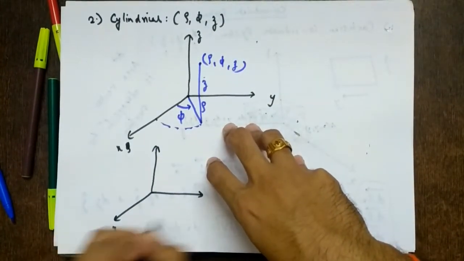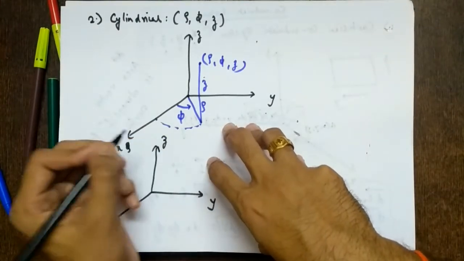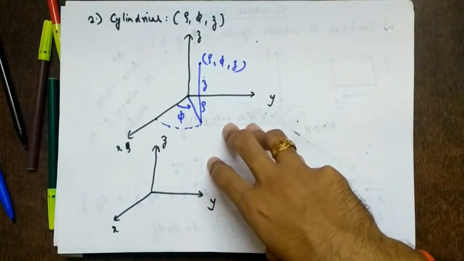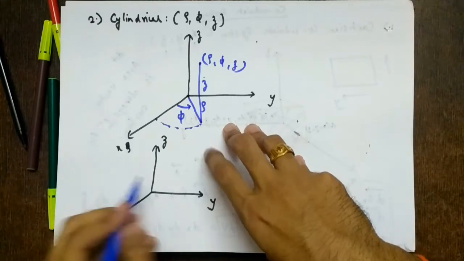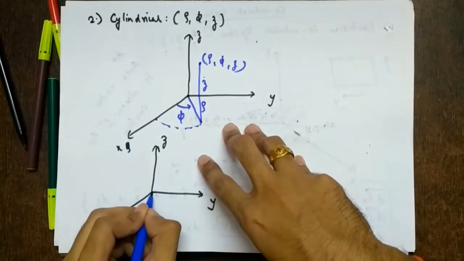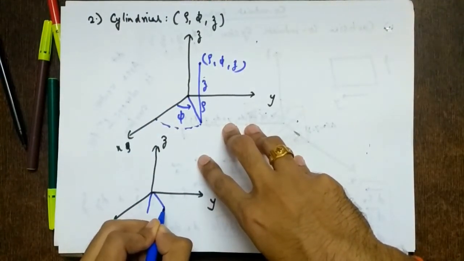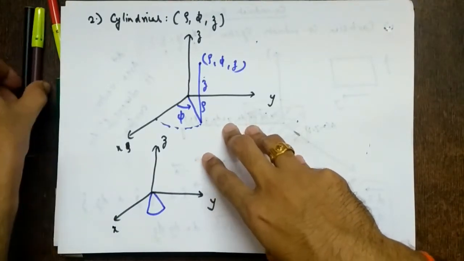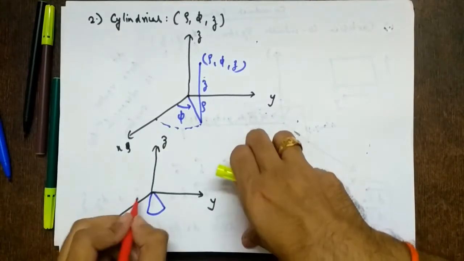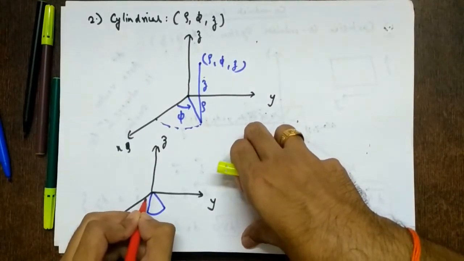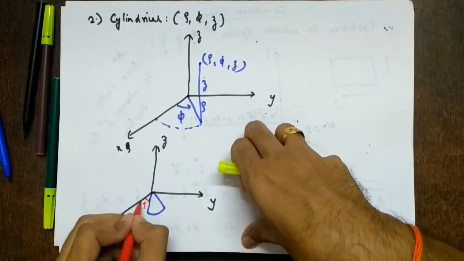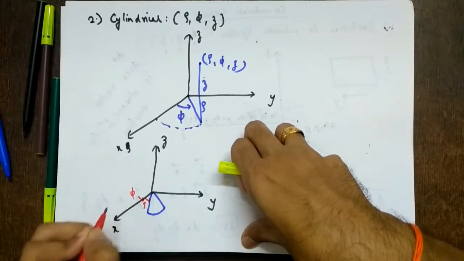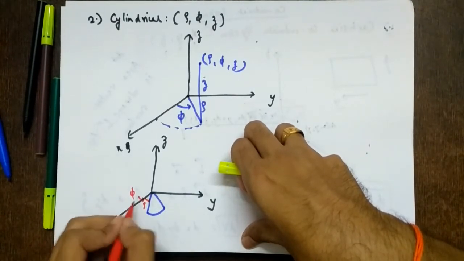So this is x, y, z. So let's take some part of the cylinder. Okay. So what is rho here? This is rho and this is phi, right?